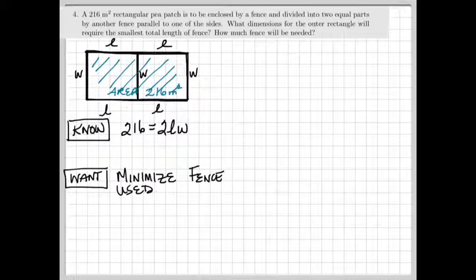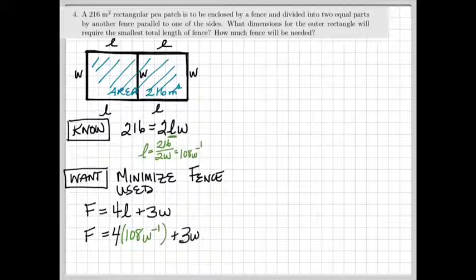We want to minimize the amount of fence used, so let's create a function f that's going to be 4L plus 3W. Again, solving to make this a function of one variable, let's solve for L. L is going to be 216 divided by 2W, which is 108 times W to the negative 1.